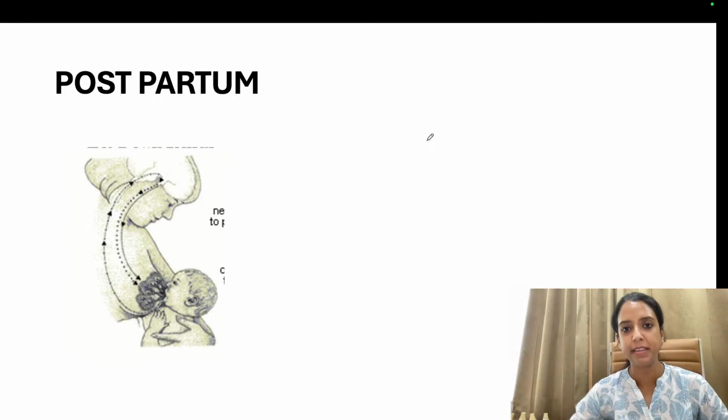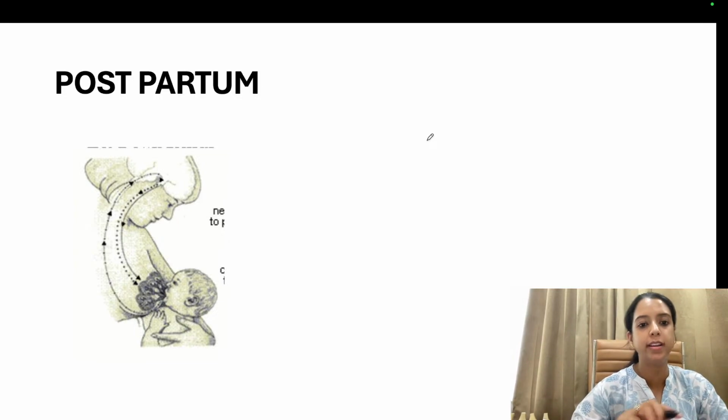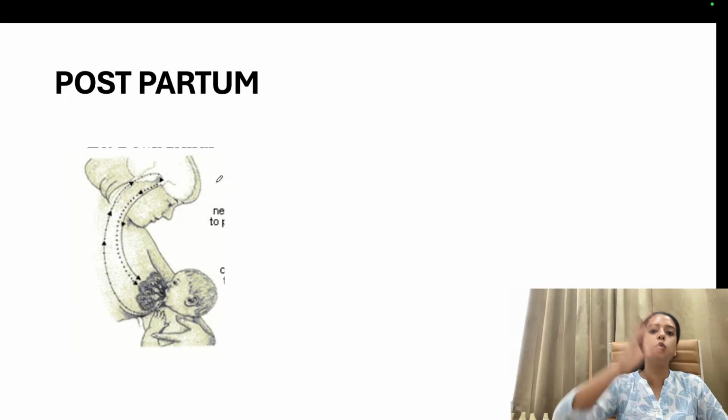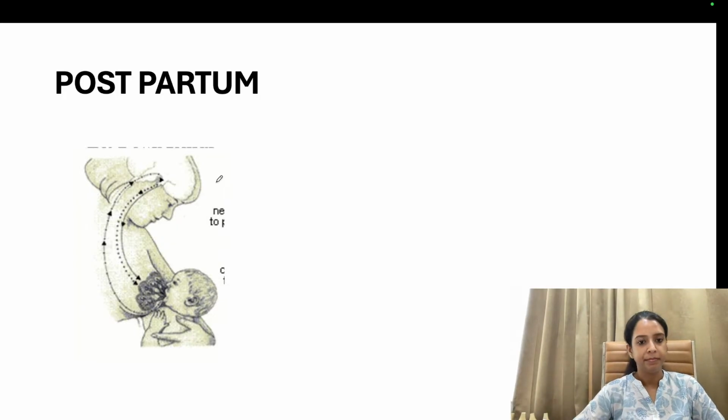The postpartum, basically few images are there in postpartum. What is this? What is the hormone responsible for this action? This is an FMG question, but I really like the question. Baby is sucking, something going in brain, coming down. What is it?